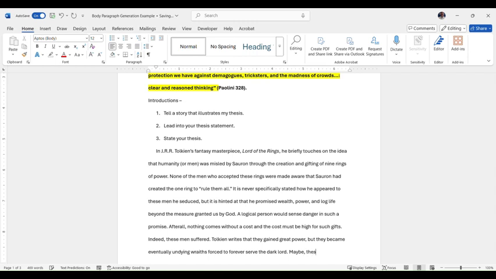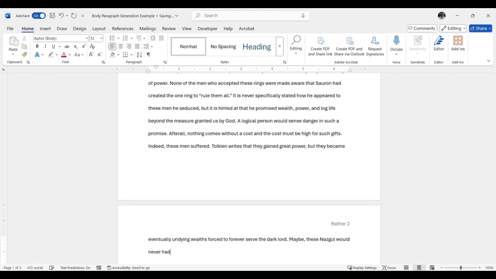Maybe these Nazgul would never have become his servants if they had stopped to think logically about what cost was going to be tied to the gift of the rings.